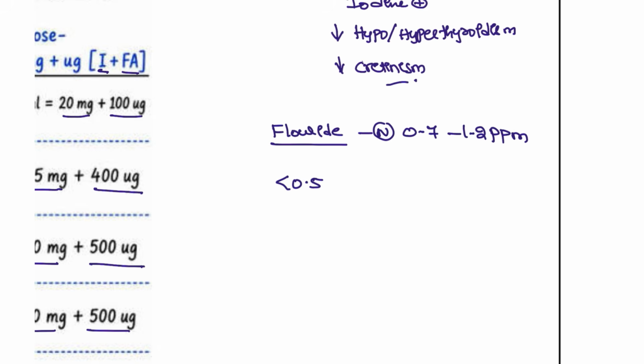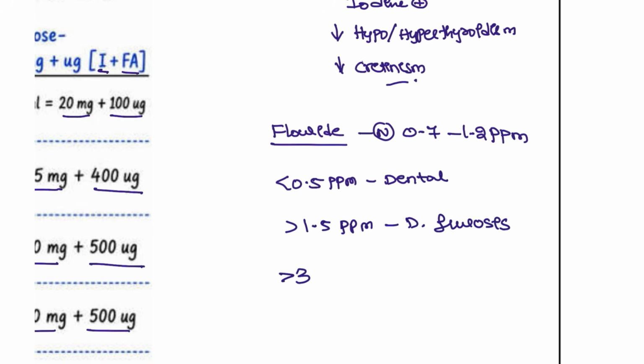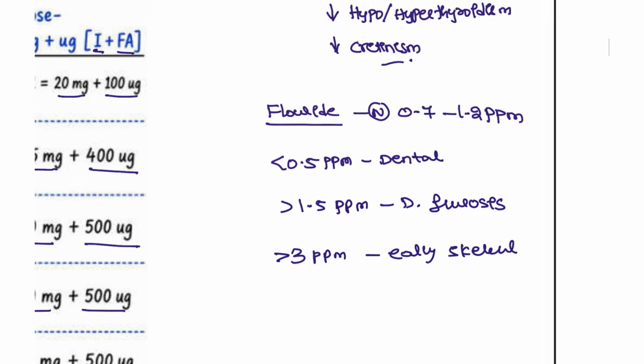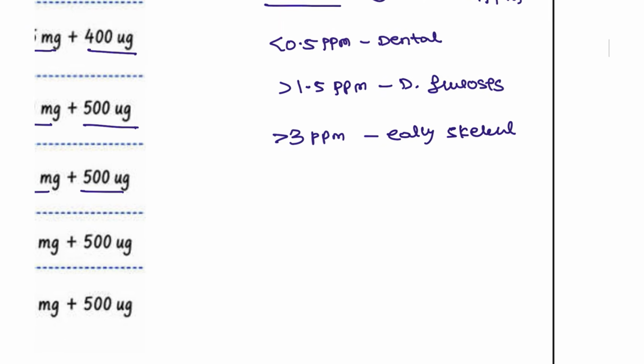If it is less than 0.5 ppm, it can cause dental caries, and more than 1.5 ppm, it will increase dental fluorosis, and more than 3 ppm can cause early skeletal abnormalities. Okay, and if it is more than 5 to 10 ppm, it will cause crippling. So severe skeletal crippling will be seen in these patients.